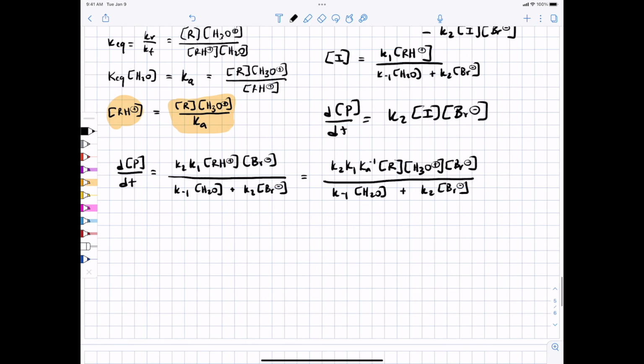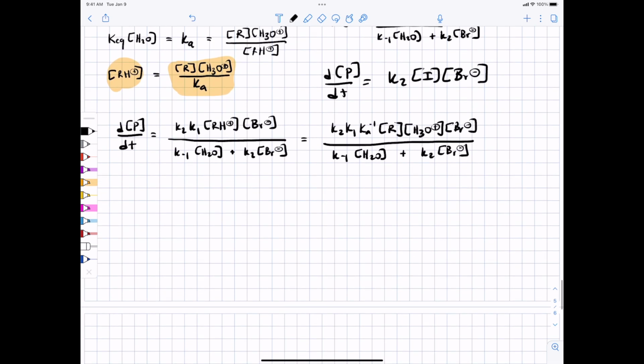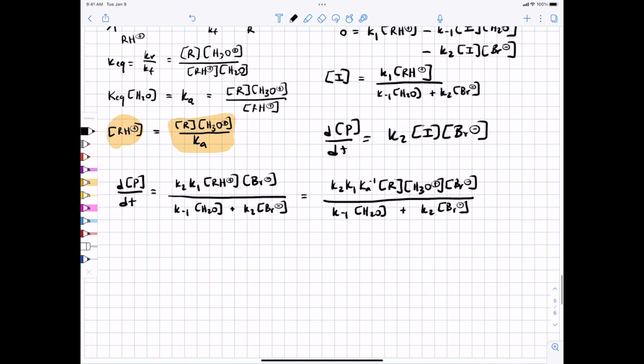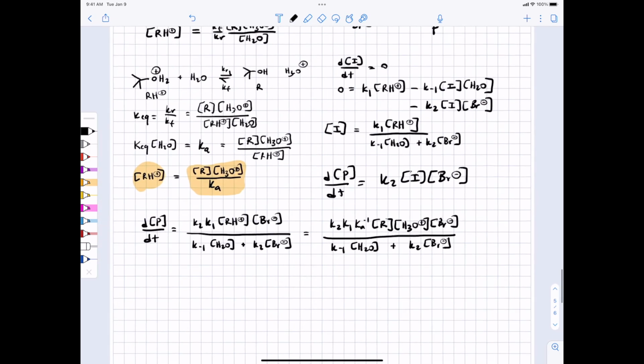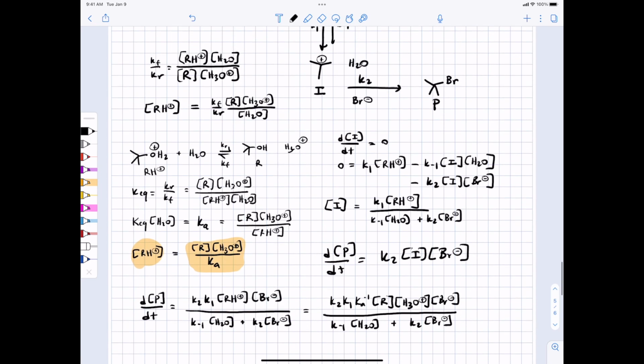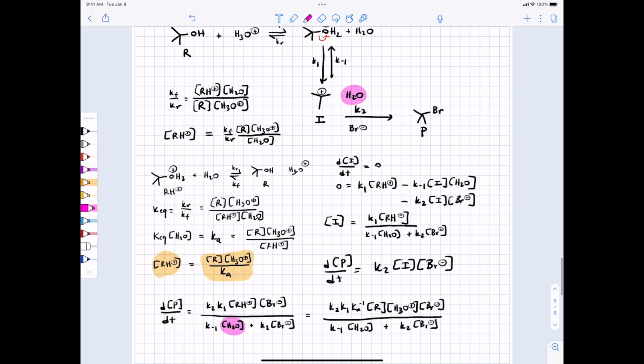Okay. So let's talk about a couple of different scenarios here. Again, you would expect a couple of features. First, you expect to see product inhibition. If the concentration of water is high, then this term will overwhelm that one.